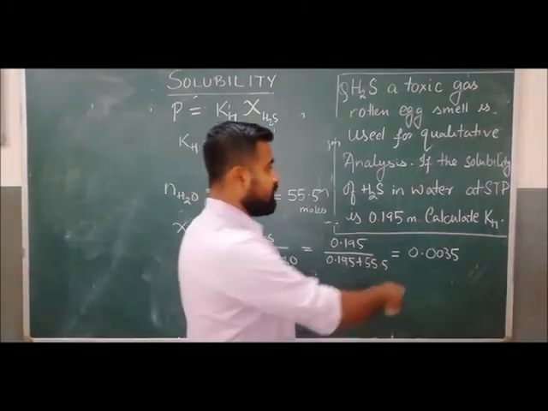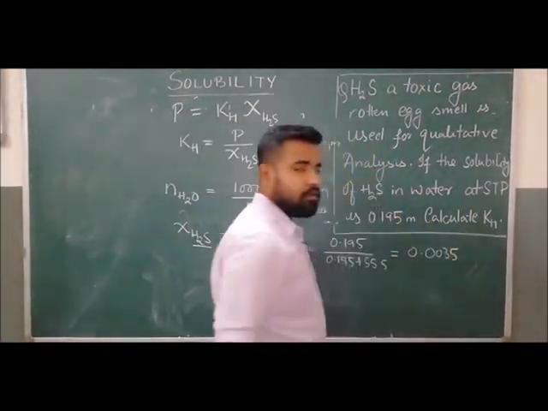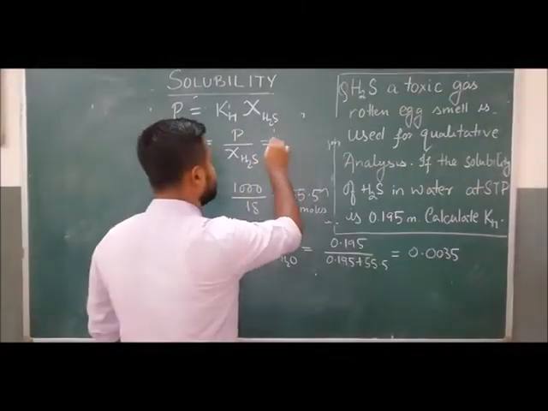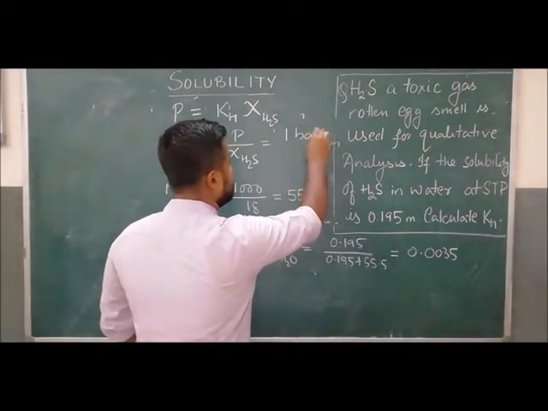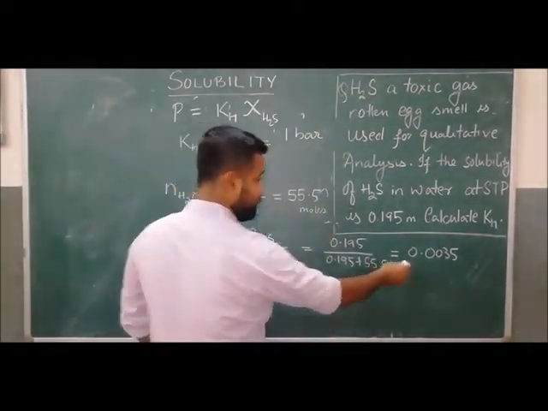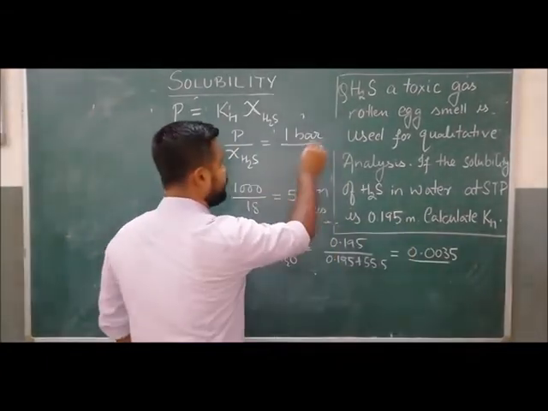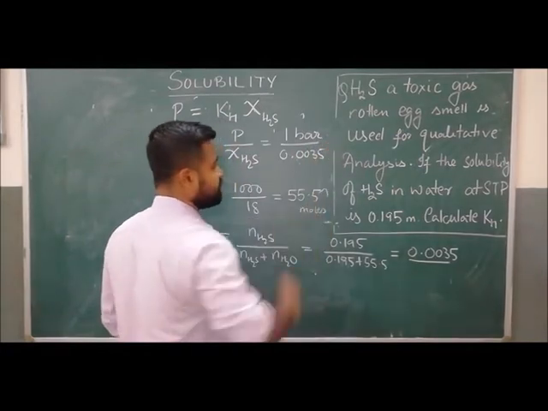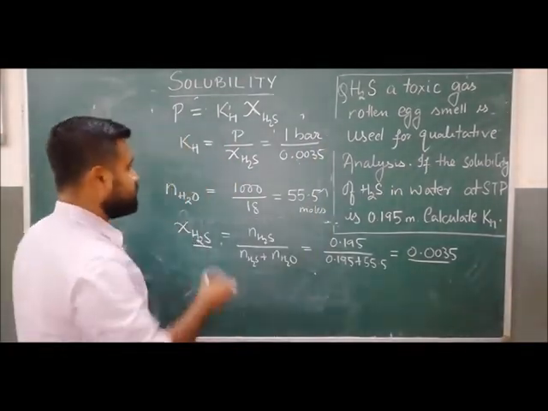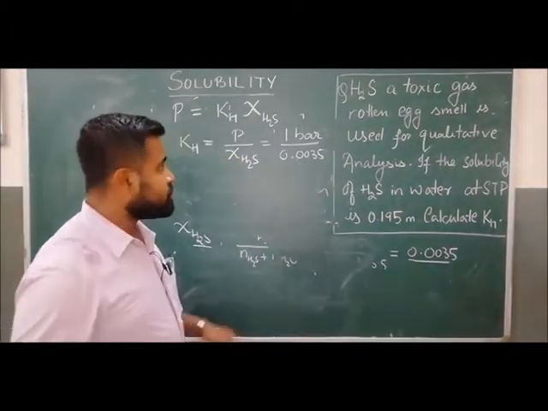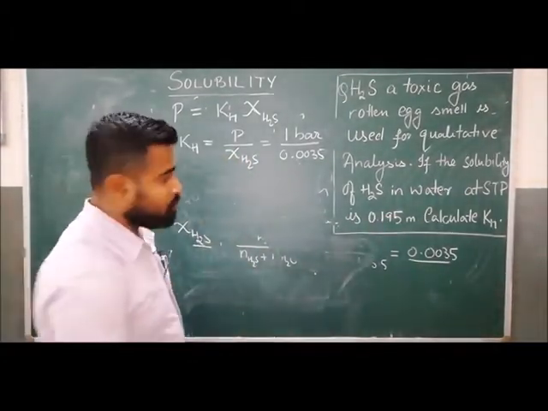In the question it is given at STP. What is STP? Standard temperature and pressure, when the pressure is 1 bar. And the mole fraction of H2S is 0.0035. Clear to all?